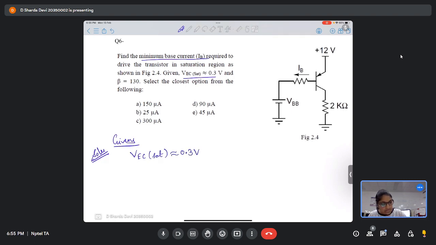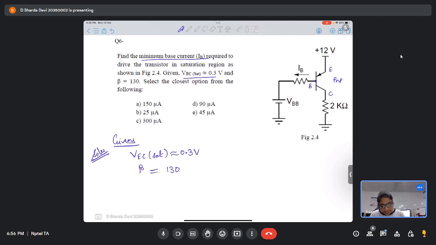Again, this transistor is PNP, so this is emitter, base, collector. Beta is 130. Now we have to find the minimum IB such that this transistor is in saturation.